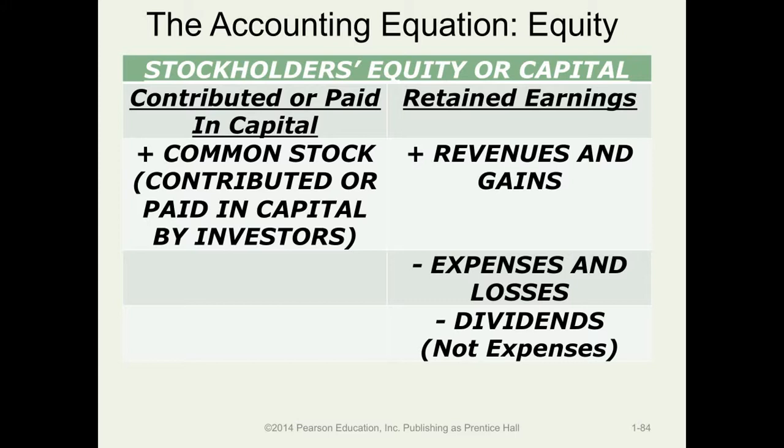Contributed or paid in capital are the amounts paid in by owners or investors, usually common or capital stock. As we showed in the example, this is at par value plus paid in capital in excess of par, sometimes called additional paid in capital.